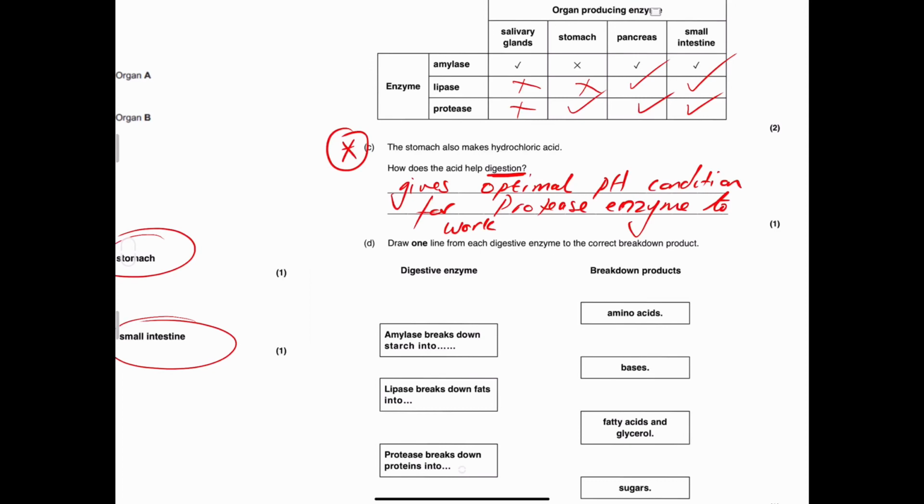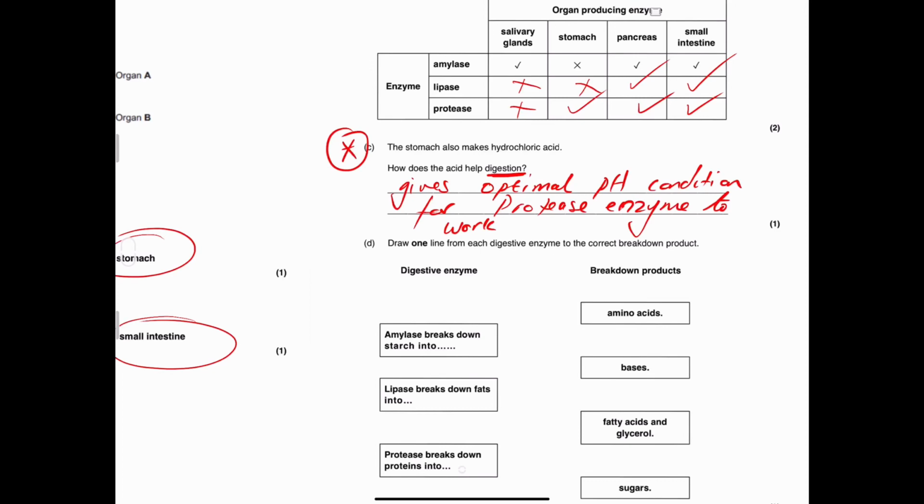The killing of bacteria is important because it stops food poisoning occurring and harm coming to our body. And there have been questions asked in the past, what is another function of hydrochloric acid, or give 2 reasons why hydrochloric acid is important in the stomach. But here the specific question is to do with how does the acid help digestion.